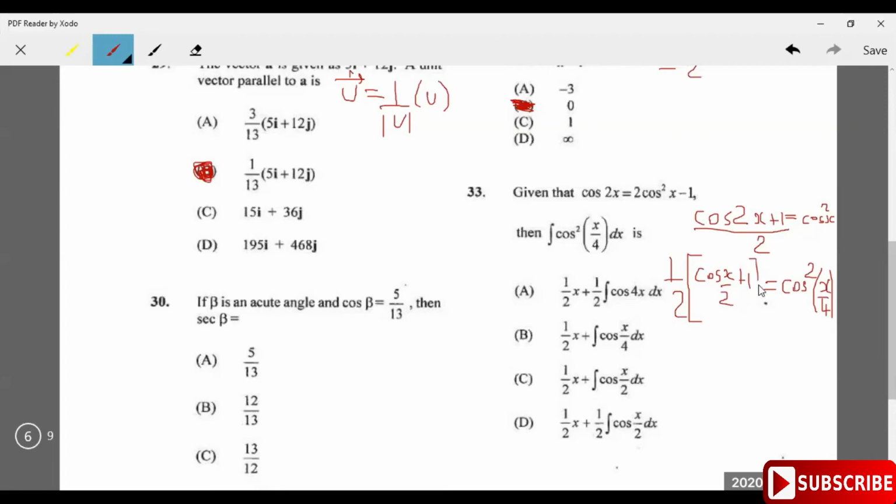That's what we're going to get, a half of cosine x over 2 plus 1.